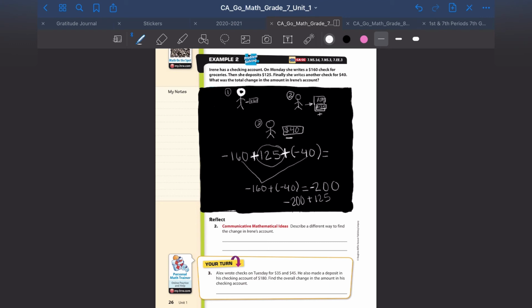Then we subtract them the regular way we would, and we keep the sign of the greater number. So that would be 75, and it would be negative.